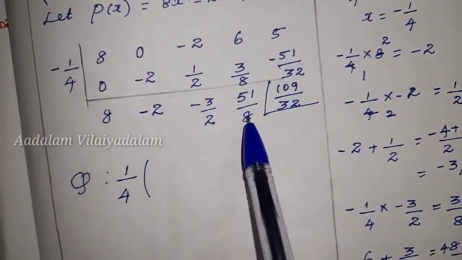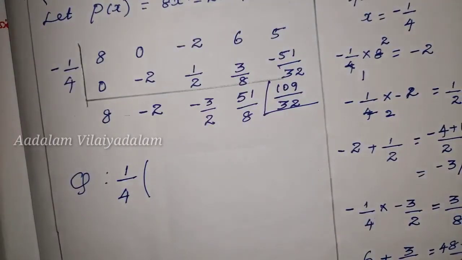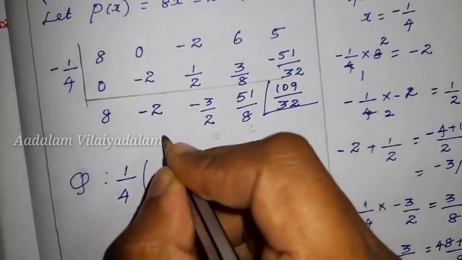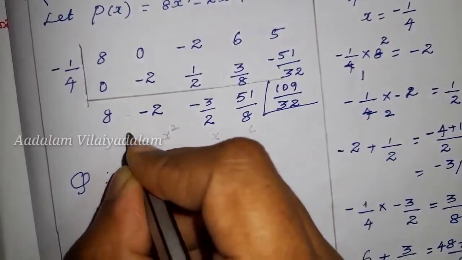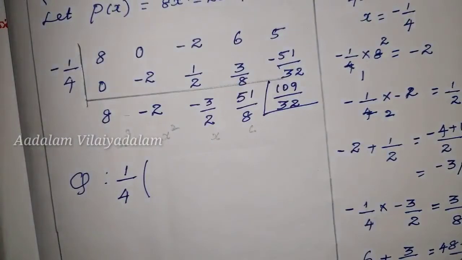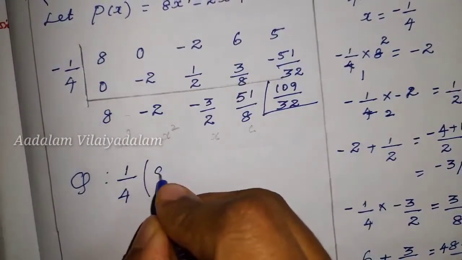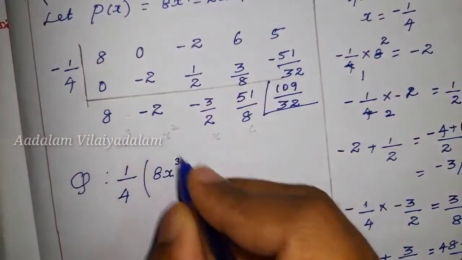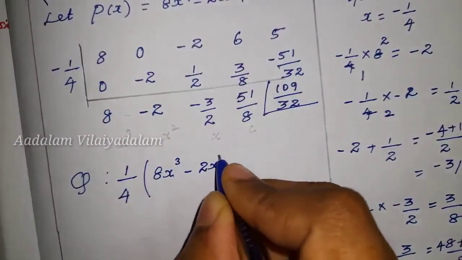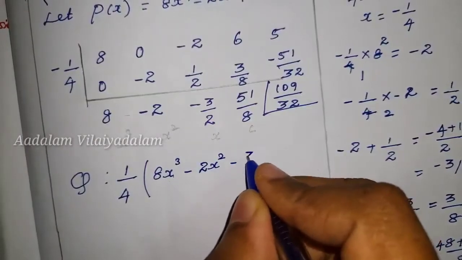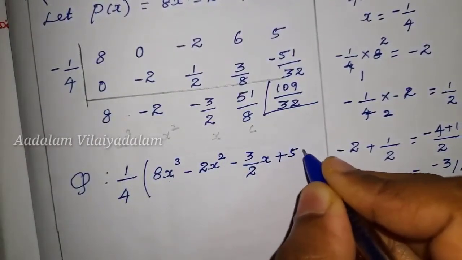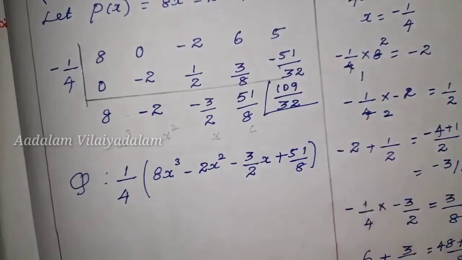Here this is the constant term, this is the x term, x square term, this is the x cube term. So start from here only, that is 8 into x cube, 8x cube, minus 2 into x square, minus 2x square, minus 3 by 2 into x, plus 51 by 8.